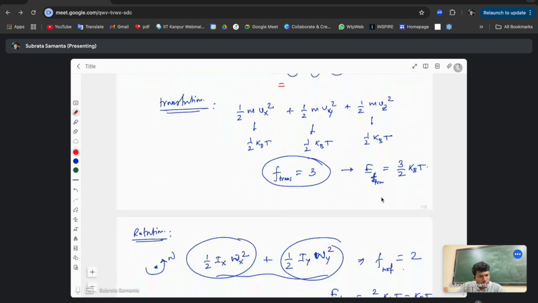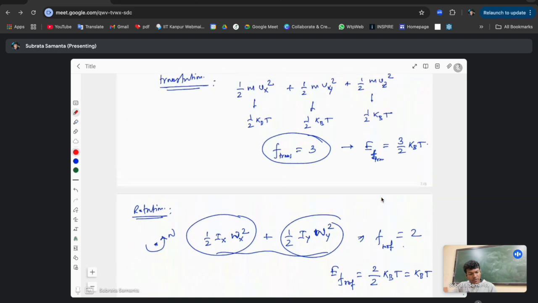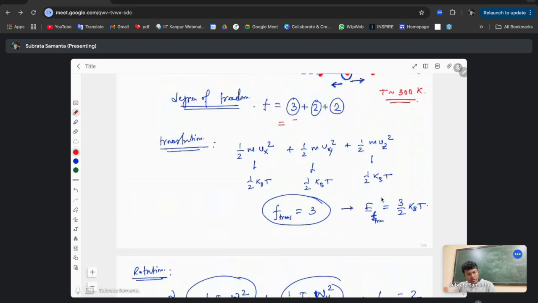It's a linear molecule. So the total degree of freedom is basically 7. 3, 2, 5, and 7. So for a linear triatomic molecule, the total degree of freedom is 7. In this way, you can compute the degree of freedom for other molecules.